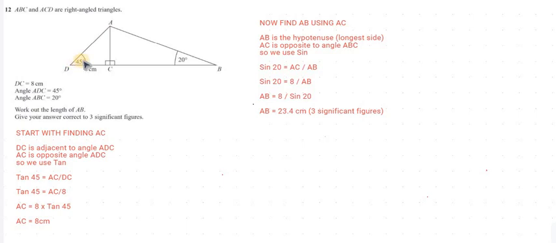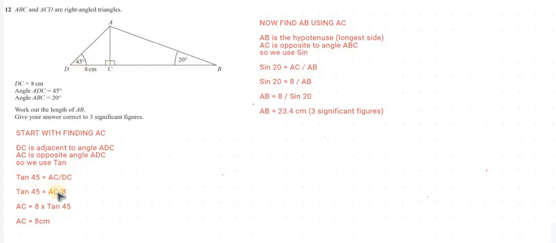Literally, it's looking at it. So if angle ADC was an eye, you would be looking at its opposite, which is AC. So we have opposite and adjacent. So we use TOA. TOA, opposite and adjacent. So that's tan. So tan of the angle ADC, which is 45, is equal to opposite AC, which we don't know, over adjacent, which is DC.